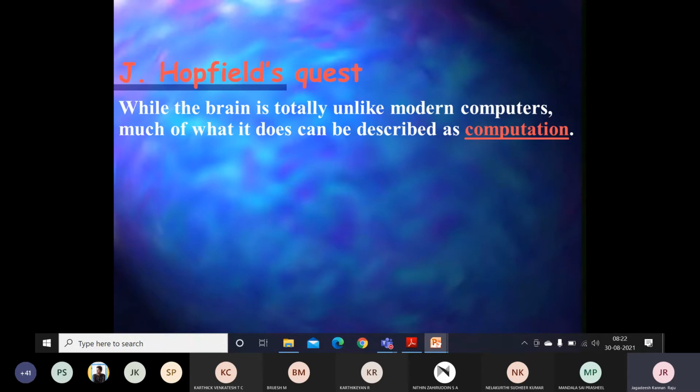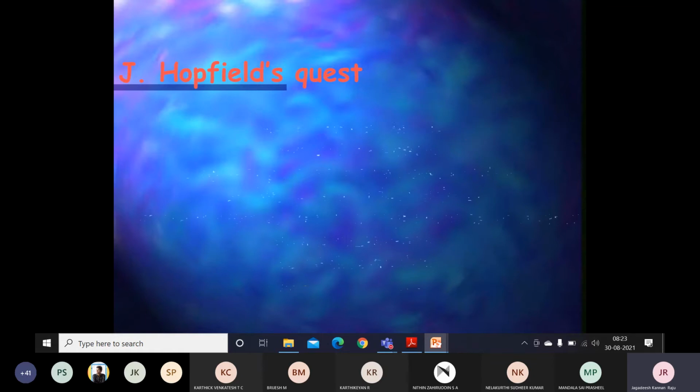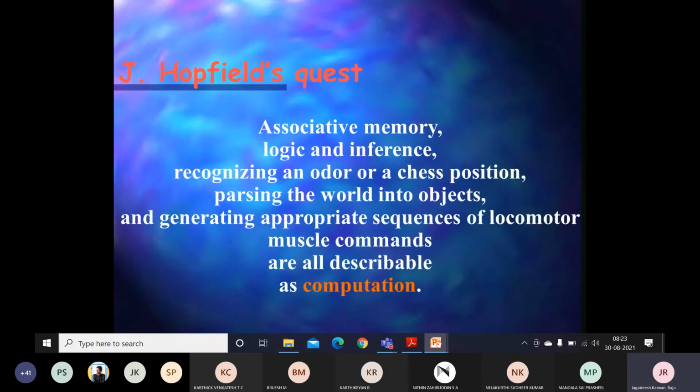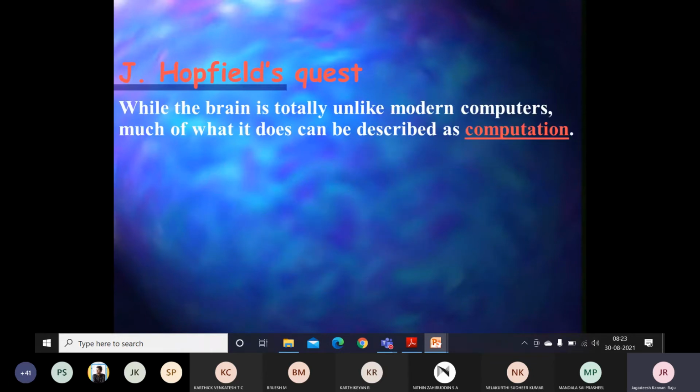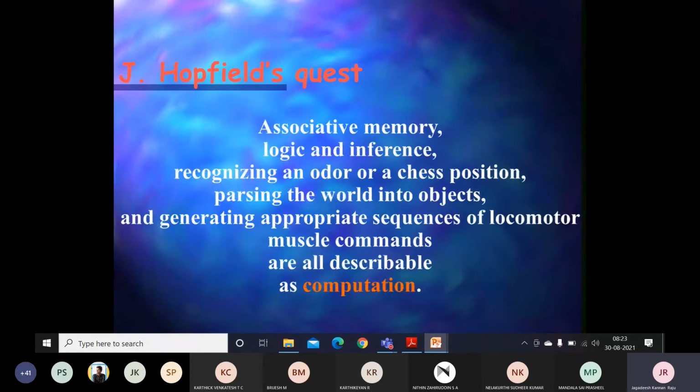All these activities in a step-by-step procedure can be described as computation, as we do in a normal computer. The brain's functions are described as a series of computations.